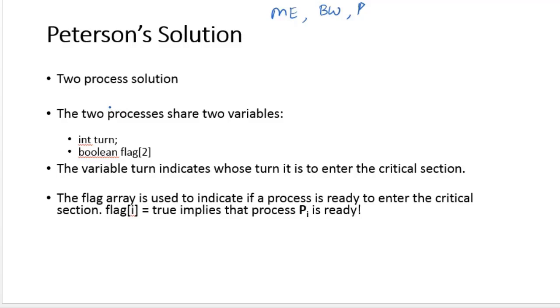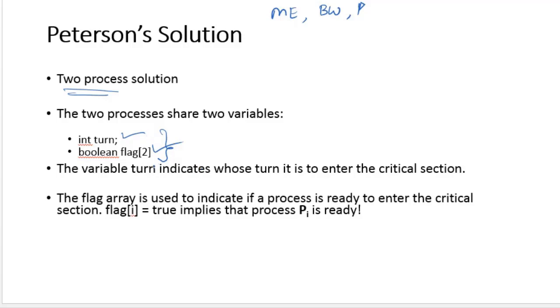Also, please note that this solution is restricted to only two processes. The two processes share two variables in common. The shared variables in Peterson's solution among the two processes are turn and flag. What is turn? It is an integer variable which is used to indicate whose turn it is to enter the critical section.